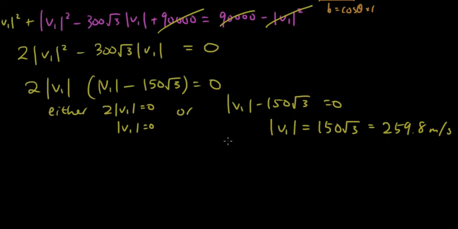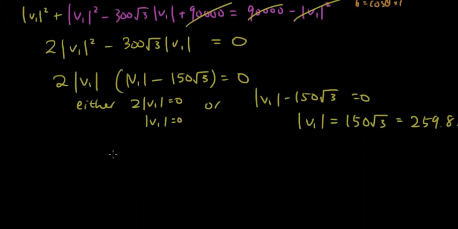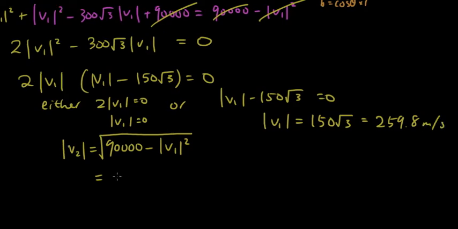And now I can use that to figure out v2 because I had this equation here. So v2 equals the square root of 90,000 minus v1 squared, and that will give me 150 meters per second.